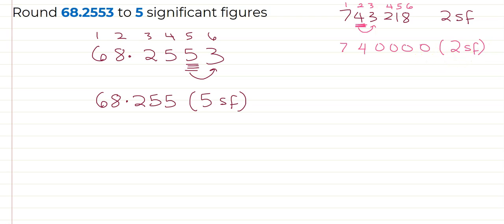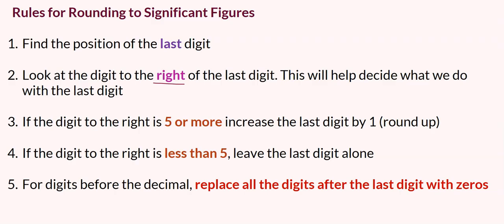So let's just recap this. When we are trying to round to significant figures, we want to first find the position of the last digit, and then we're going to look at the digit to the right of the last digit because that digit becomes a deciding digit. And what kind of decisions does it lead us to?